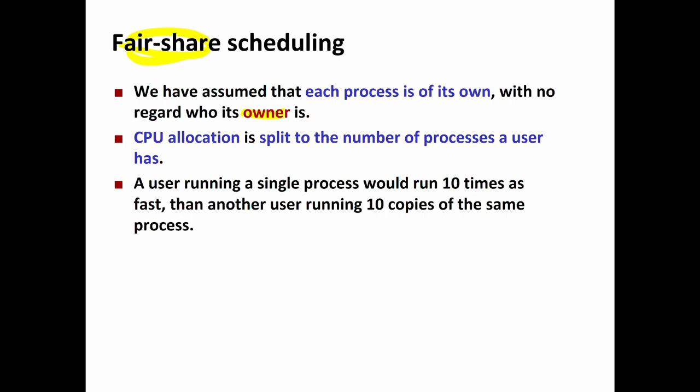So in fair share scheduling, the CPU allocation is split according to the number of processes a user has. If you have spawned more processes from your user, then your processes would be allocated less CPU time, because the share is split among them. So a user running a single process would run 10 times as fast as another user running 10 copies of the same process. This is the idea behind it.